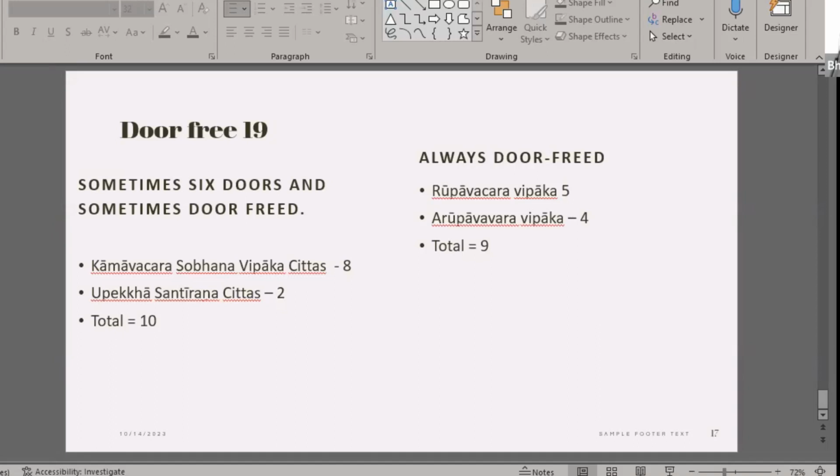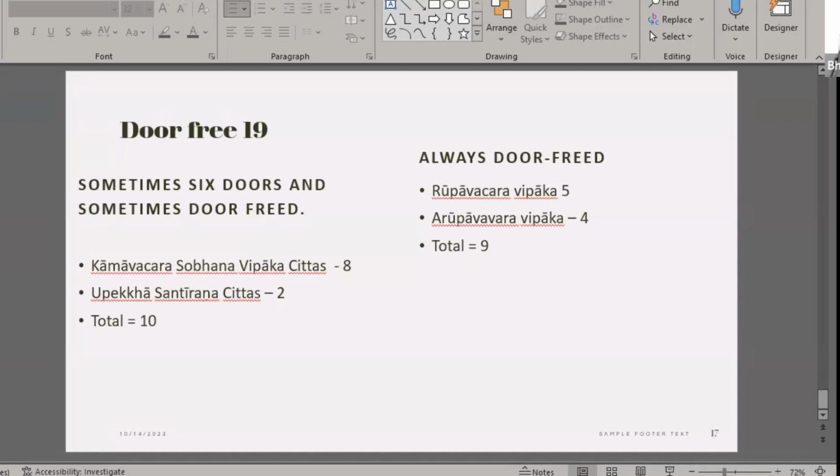How many cittas arise through the eye door? There are 46: 44 Kamavachara cittas, and we have to add 2 eye consciousness. Similarly, ear door 46, nose door 46, tongue door 46, body door 46. For the mind door, how many cittas? There are 67.